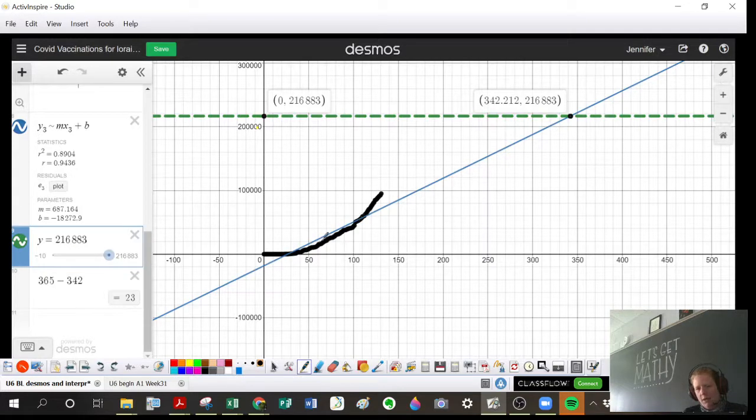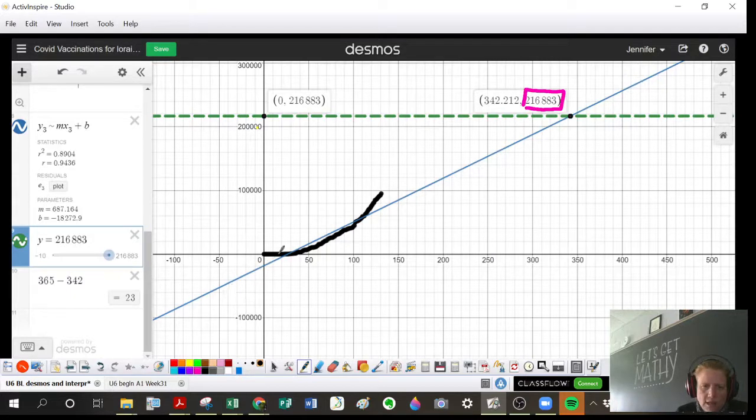And right here you can see that is almost an exact sort of parallel line to that blue line. So I found that to be pretty interesting. Now, looking at what I have on this graph, I also graphed that population that you would need for that herd immunity there. So you can see that line right there is herd immunity.